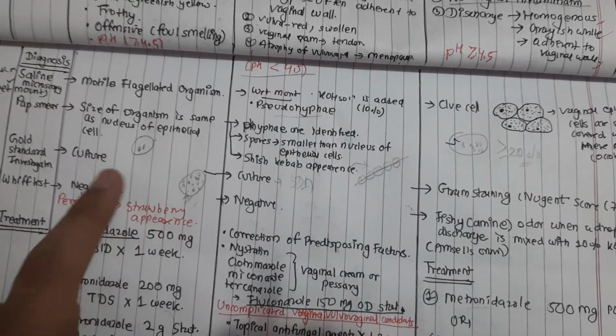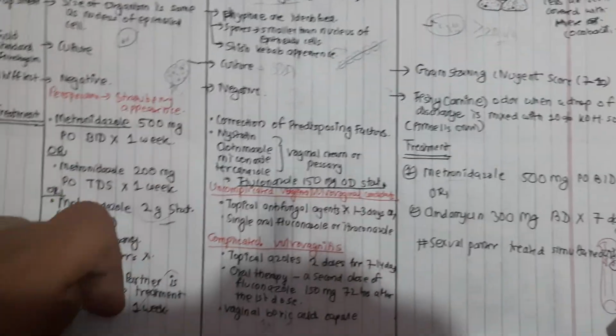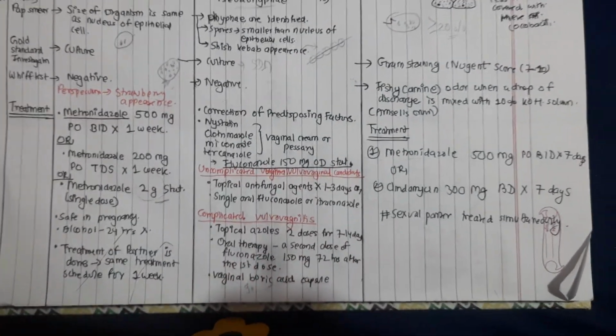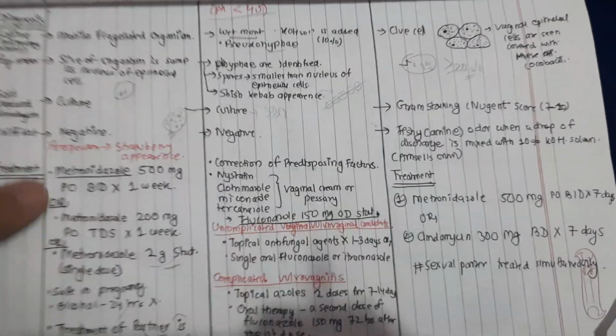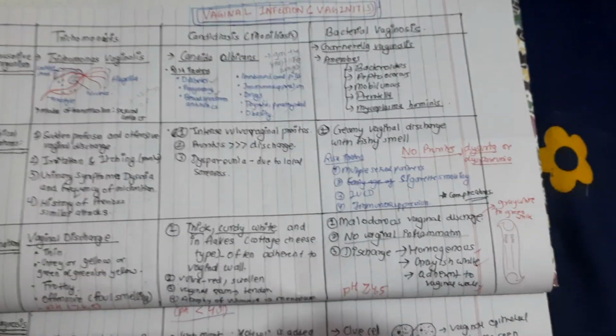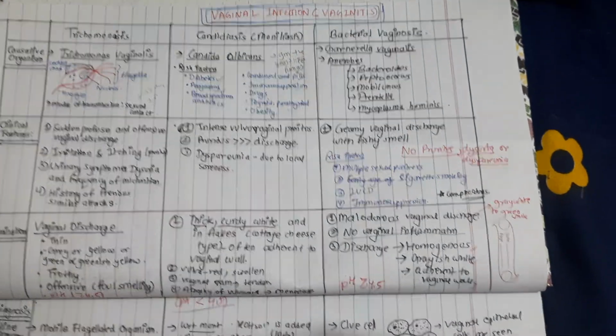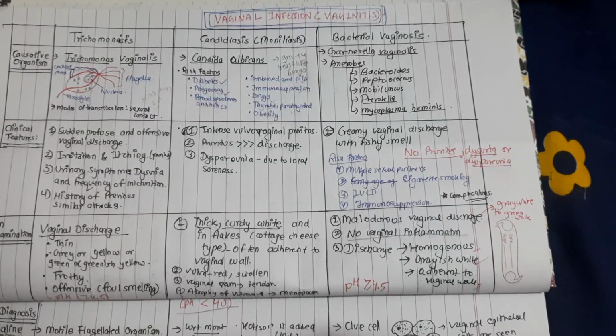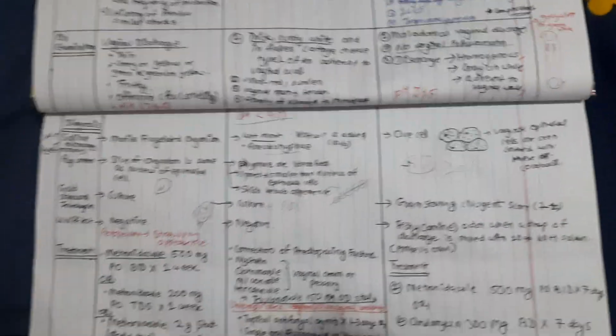This is the whiff test and all this treatment part. So that was all. If you are interested, you may screenshot this note, and this may be helpful for you.